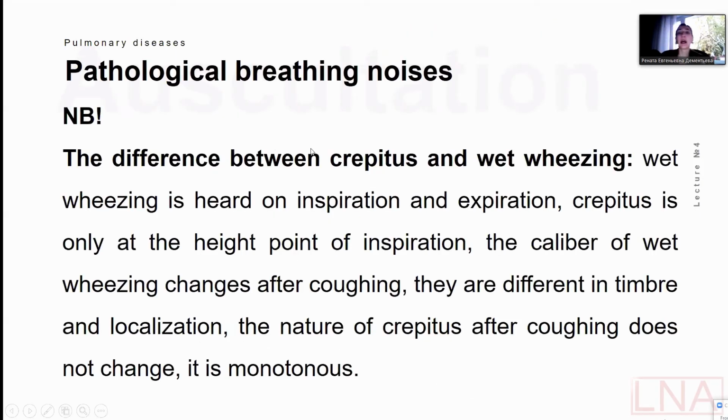So do not forget, pay attention that you need to differentiate wet wheezing from crepitus. The difference between crepitus and wet wheezing lies in inspiration and expiration. Wet wheezing is like a cocktail, like bubbles, more significant in the phase of inspiration than expiration.